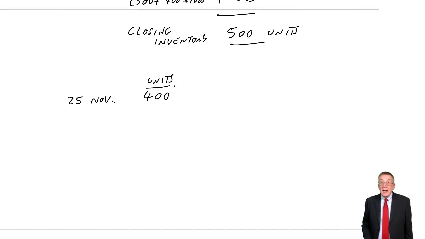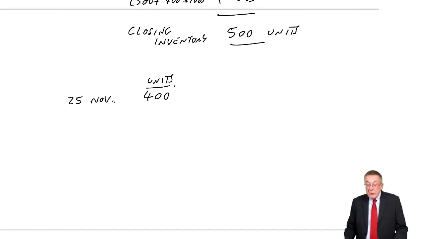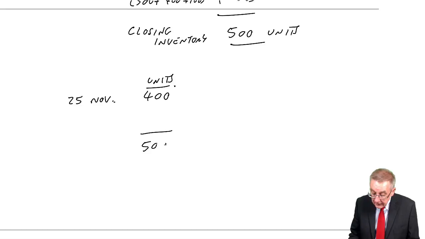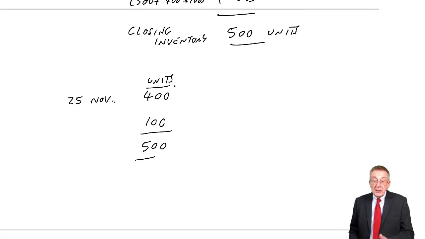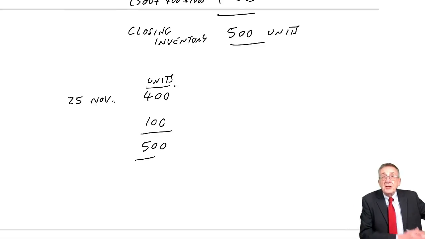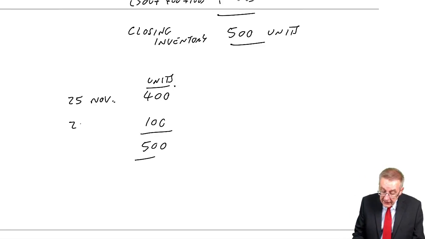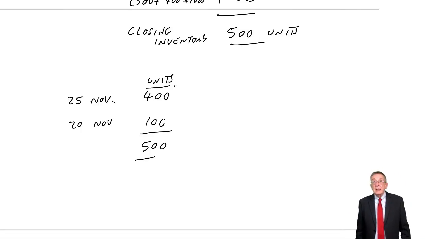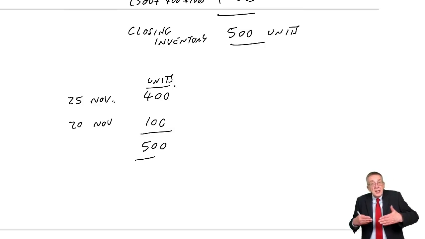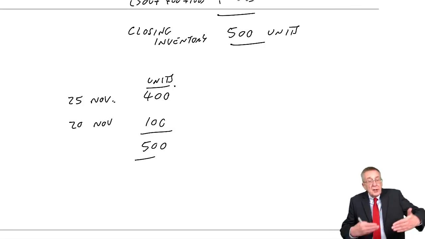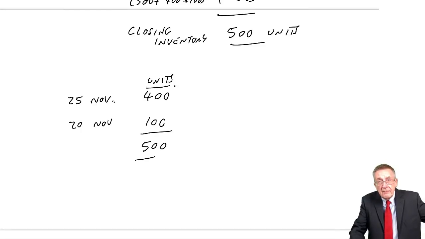So those 400 are all left. The remaining 100, they can't have been bought on the 25th of November. They must have been bought the purchase before. So the next latest was the 20th of November. We bought 400. Well, the remaining 100 must have been from there. So you go to the latest purchase. If there aren't enough, you go to the one before, and so on.